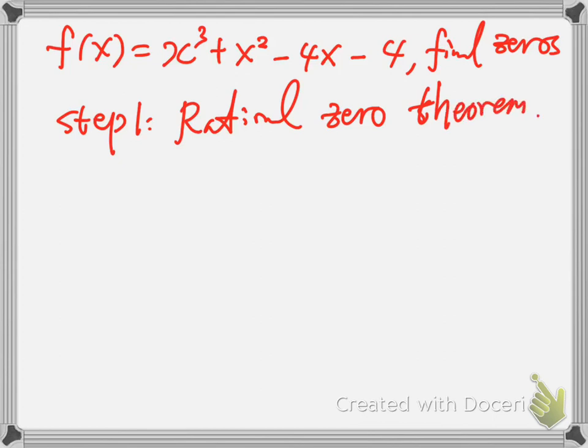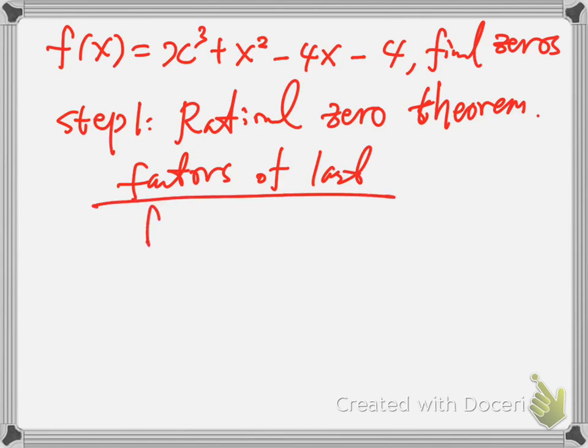So what's the rational zeros theorem? It's factors of the last number divided by factors of the leading number, the first number. The leading number is 1 here.